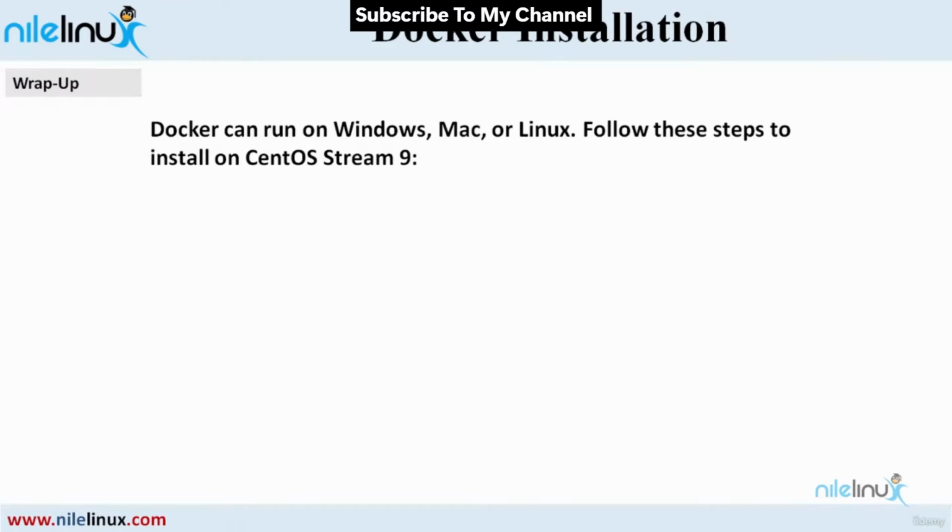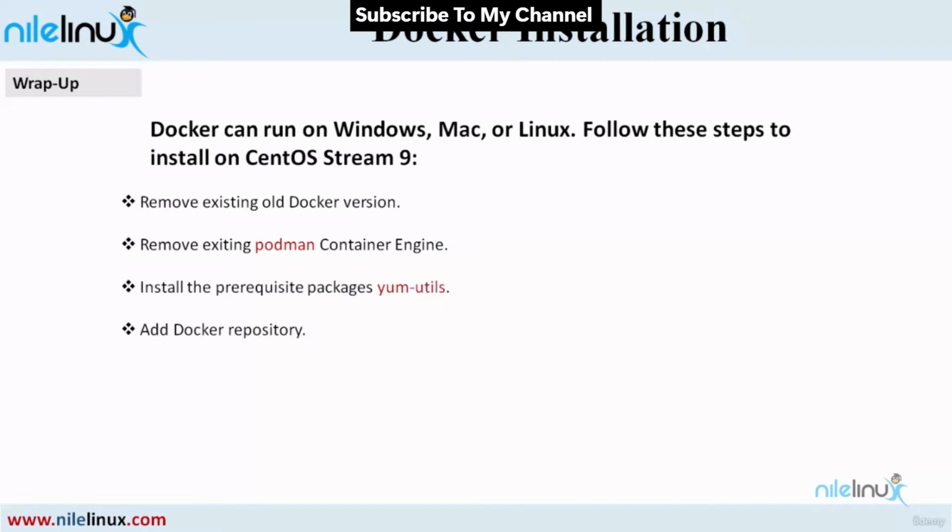So to summarize, we know that we can install Docker on Windows, Mac or Linux. And if we are going to install Docker on CentOS Stream 9, then all we have to do is remove any existing older version of Docker and also remove Podman package. After that, install the prerequisite packages and add Docker repository.